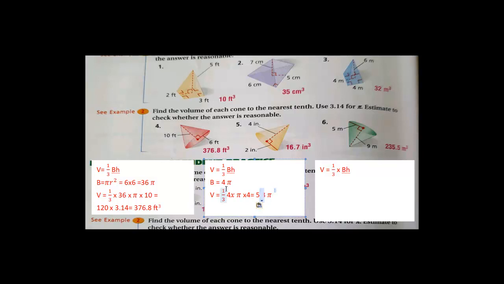Okay, now let's put the pi. 5.3 multiplied by 3.14, so this will equal 16.7 inches.